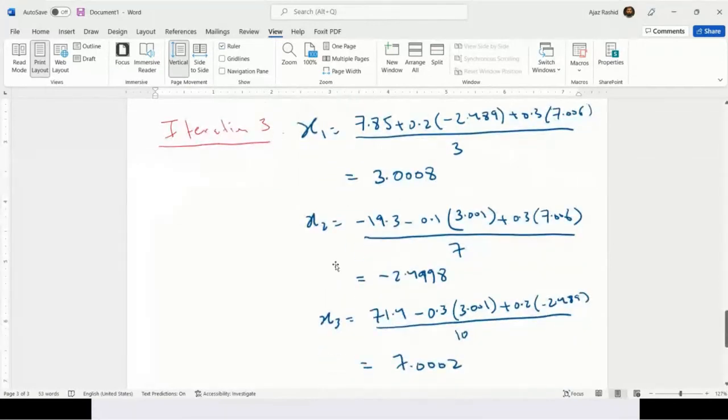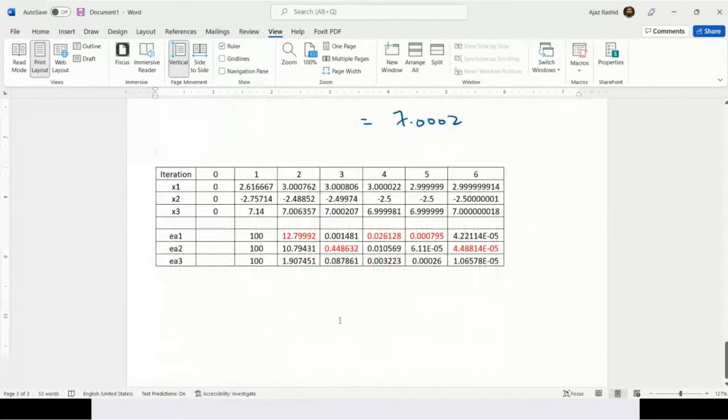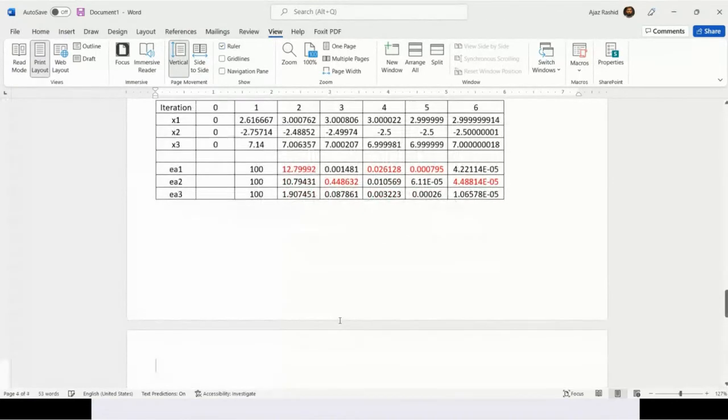Okay, so we don't have a wrong value there. Okay, so those are the values, and that's how we look at the system for solving using the Jacobi iteration.